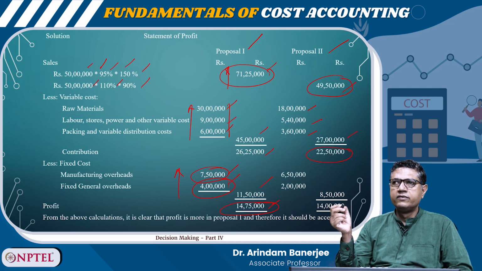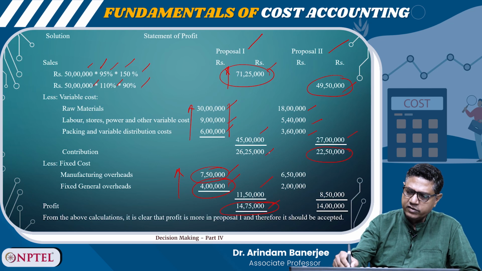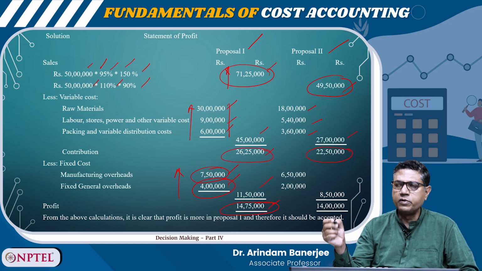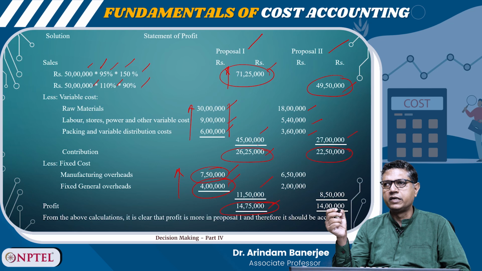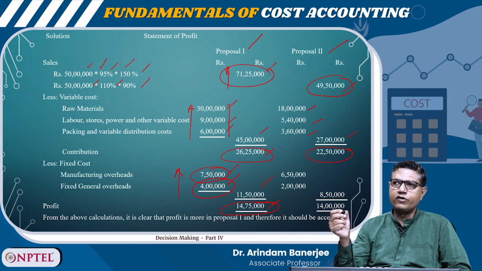We can see here that in the second option I am getting a lower contribution compared to proposal 1. In proposal 1 my contribution is 26,25,000. In the second proposal my contribution is becoming 22,50,000. So, in the second case my contribution is slightly lower than proposal 1, right.